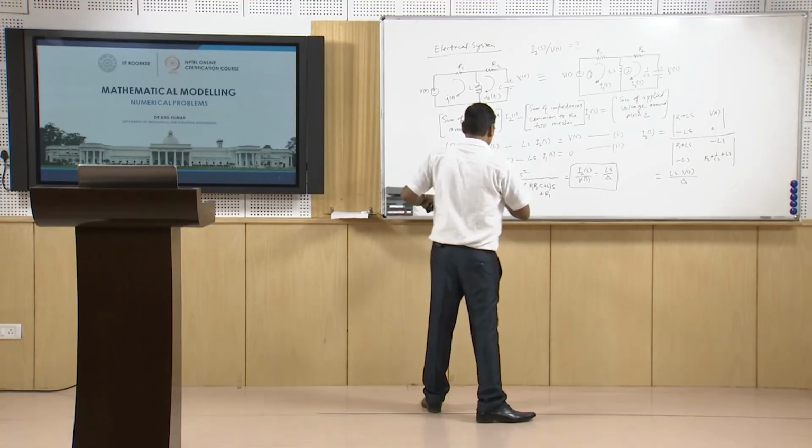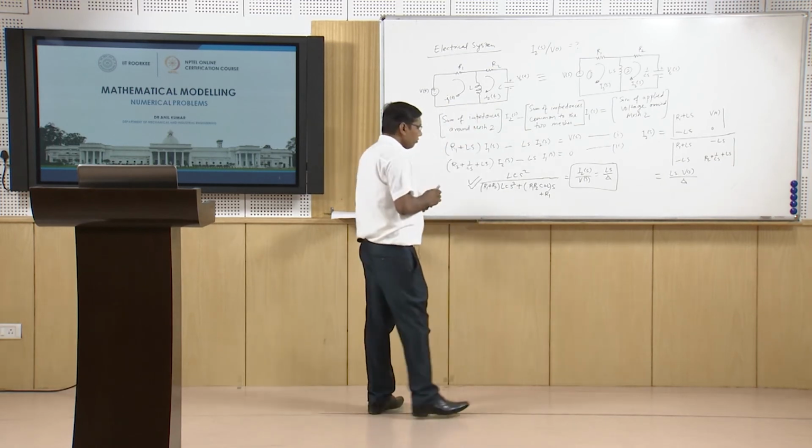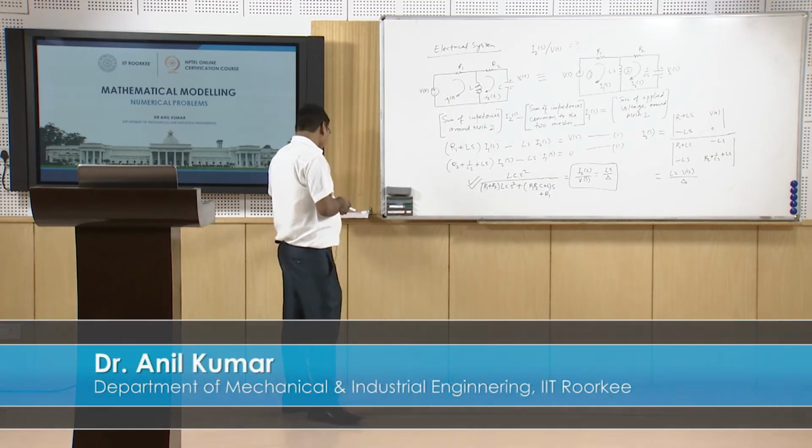So this is the final transfer function I2(s) by V(s).